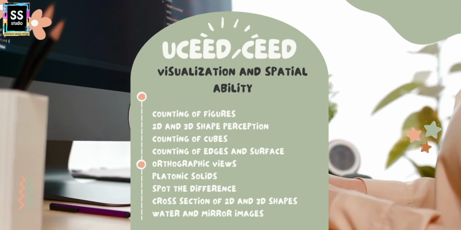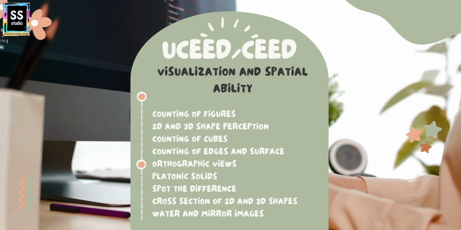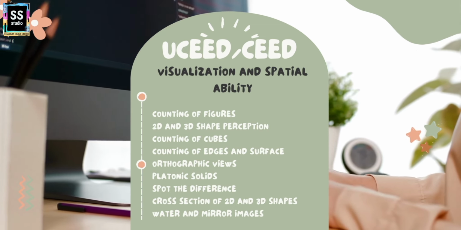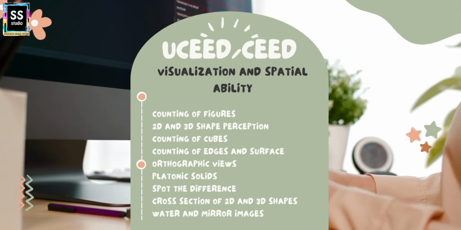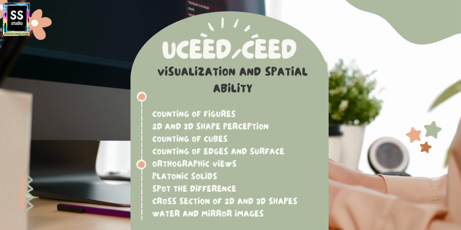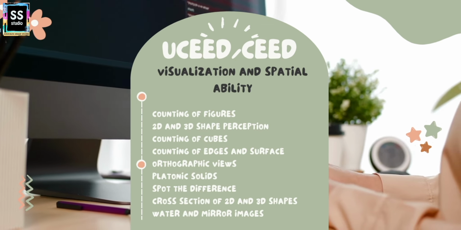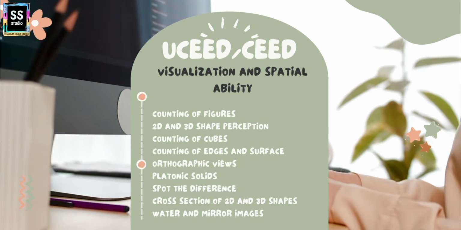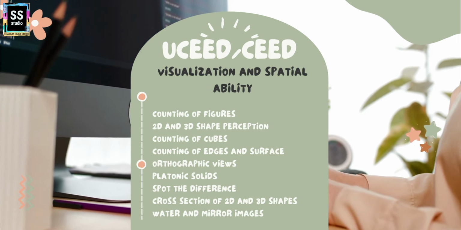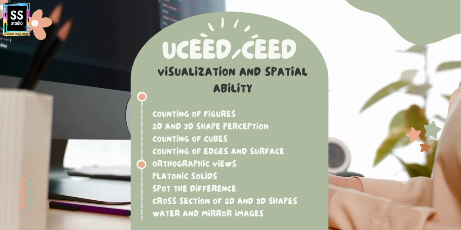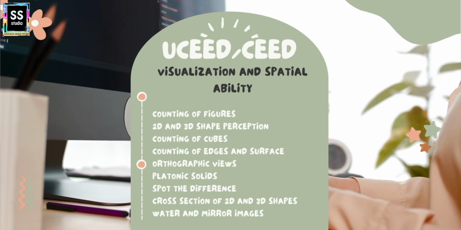Number 3, counting of cubes. Number 4, counting of edges and surfaces. Number 5, orthographic views. Number 6, platonic solids. Number 7, spot the difference. Number 8, cross sections of 2D and 3D shapes. Number 9, water and mirror images.